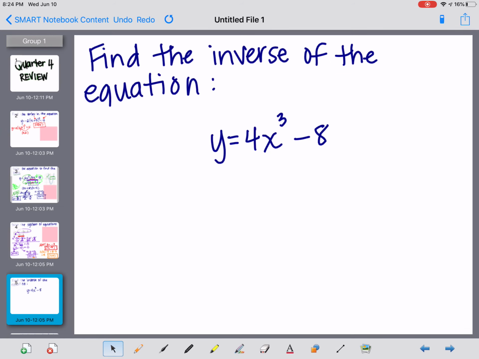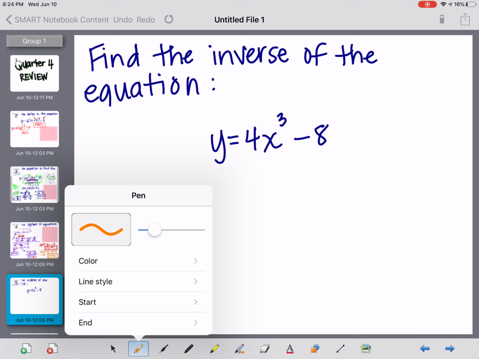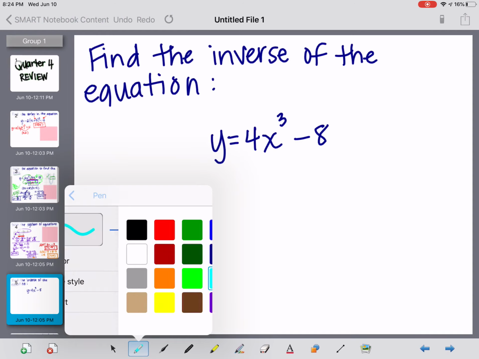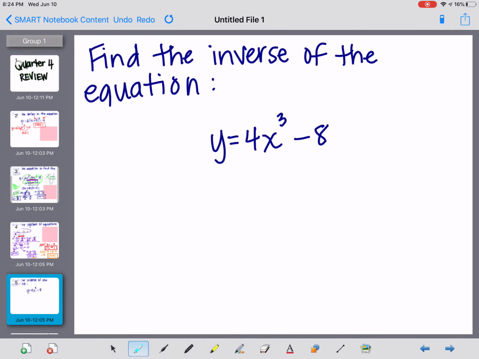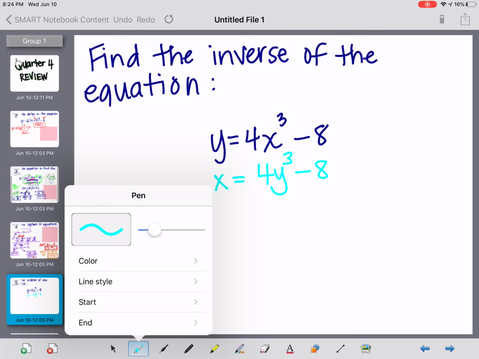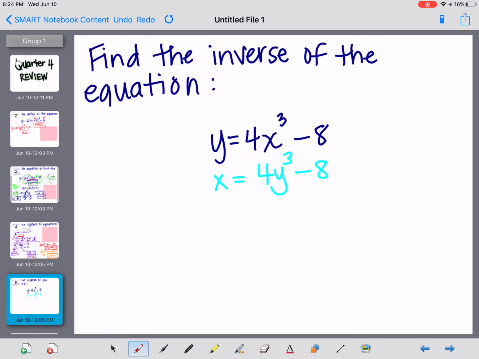All right, next one, find the inverse. So if you guys remember, for inverses, the first step is you want to switch x and y. So I'm going to say x equals 4y to the third minus 8. Once you switch the x and the y, your next step is you want to get your y by itself.